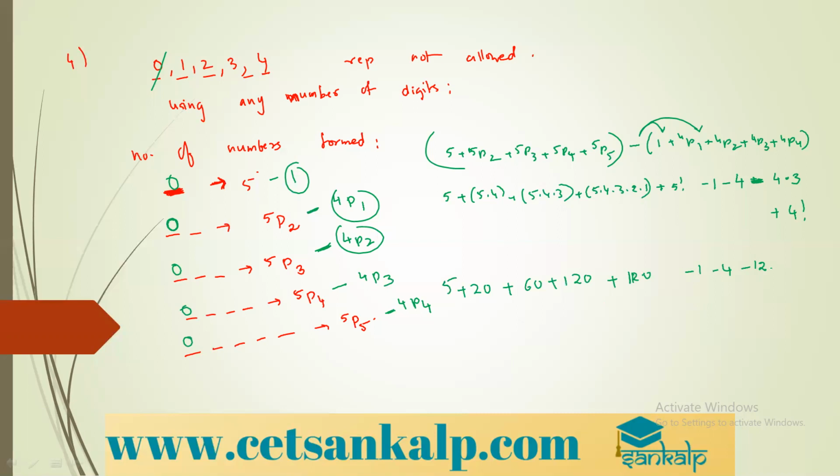Okay, then minus 4 factorial, 24. This 4 factorial also will be minus, because minus is distributed. So on simplifying this, you are going to get 260 numbers can be formed.